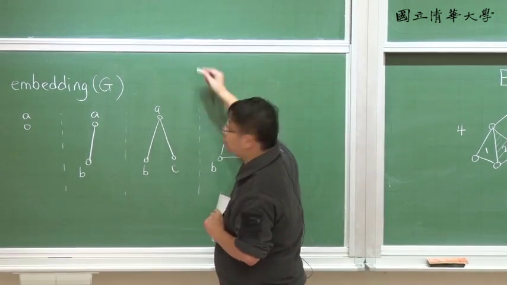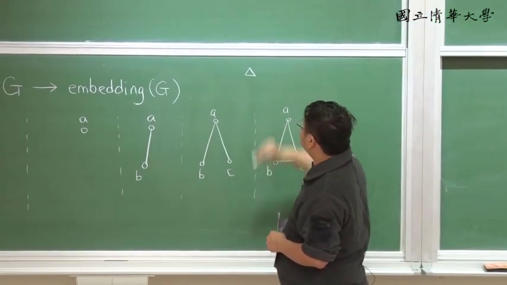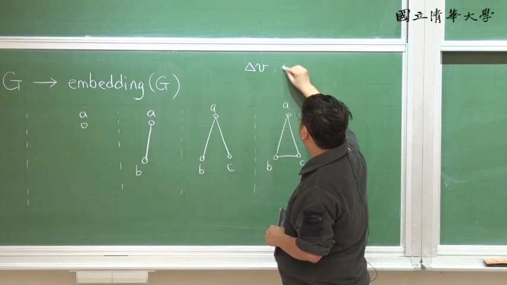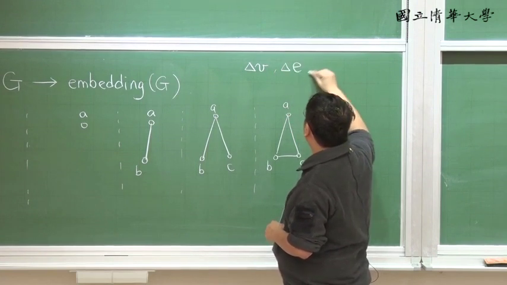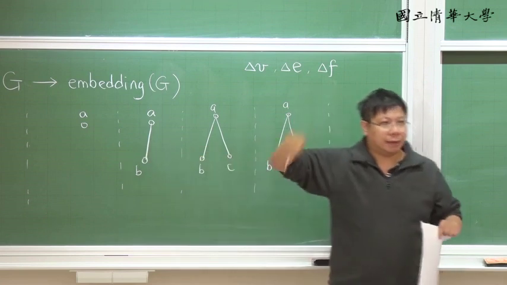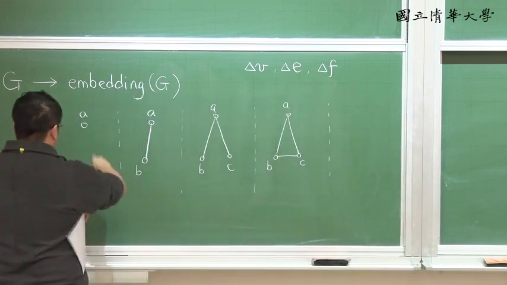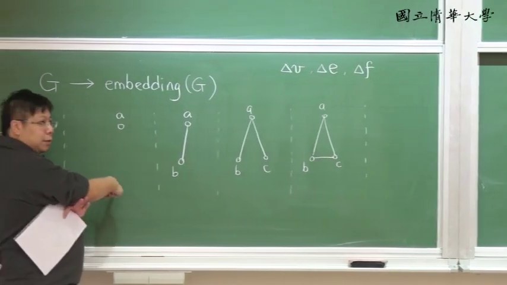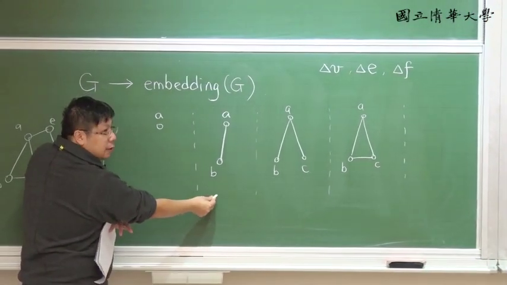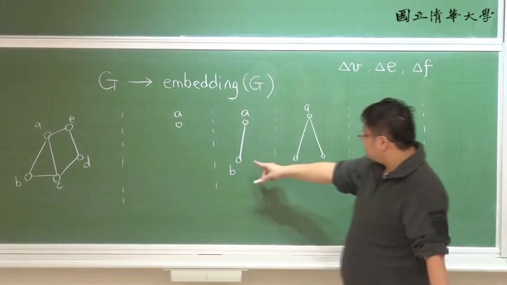Okay. Now, let's look at the change in the V value, E value. So we want to try to look at the change. So we use delta: the change in the V value, the change in the E value, and the change in the F value when we are doing this adding process. So we start with one vertex at the beginning, so we ignore it. But now, if you look at it, what will happen?